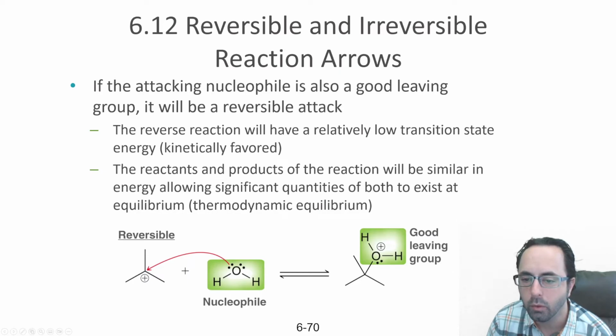The reactants and products of the reaction will be similar in energy, allowing significant quantities of both to exist. And this is true here too. Neither of these is particularly stable relative to the other. They both have a positive formal charge. They're both unstable intermediates. And so this reaction will be easily reversible.